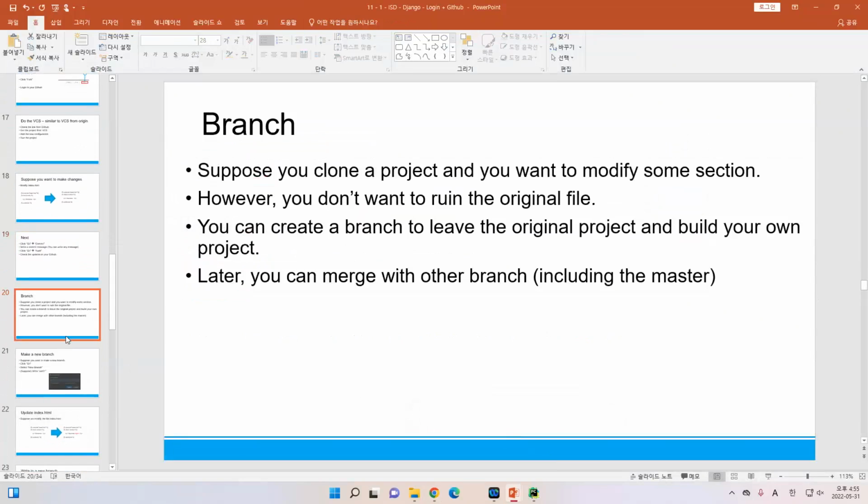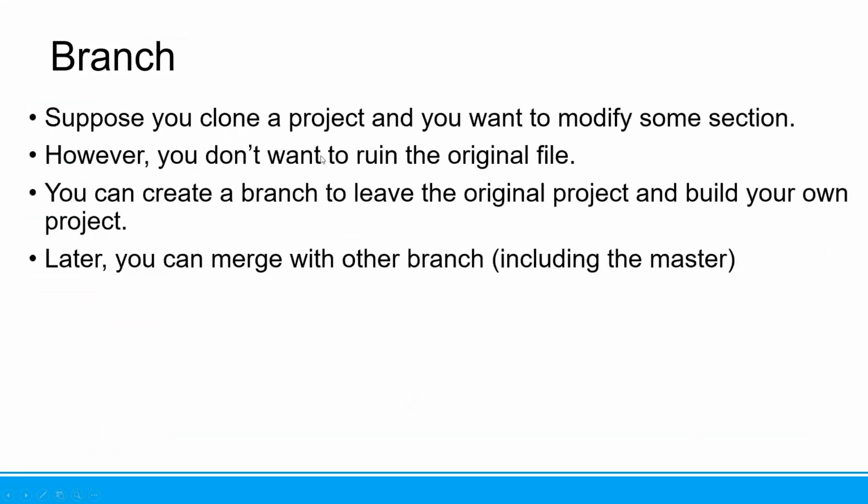Now, we need to know what is the meaning of branch. Suppose you clone a project and you want to modify some section, and you do not want to ruin the original file. You can create a branch to leave the original project and build your own project.